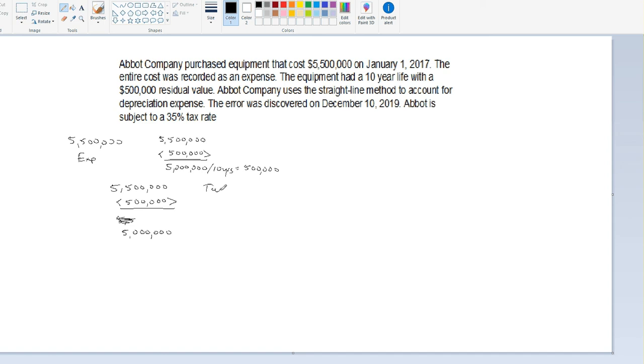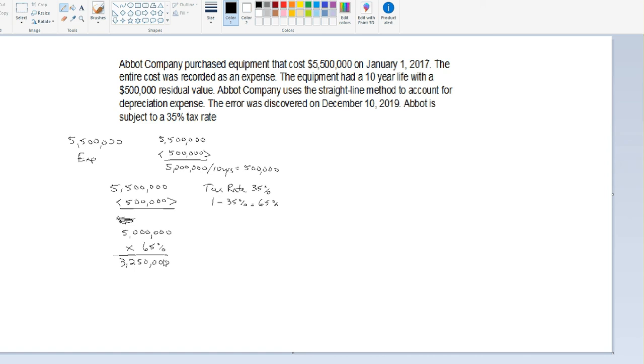The tax rate is 35%, so net of tax is 1 minus 35%, which is 65%. Then we take 5 million multiplied by 65%, and 5 million times 0.65 gives me $3,250,000, an understatement of net income, an overstatement of expenses.